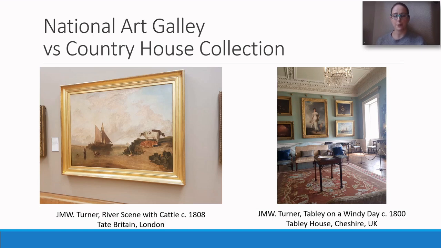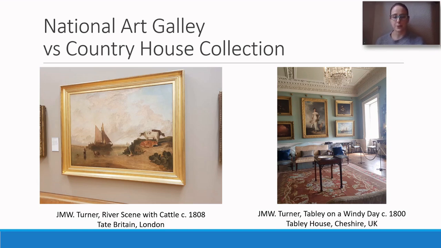So it's considered worth having and maintaining for the nation on their behalf. The one on the right is at a big country estate in Cheshire, and they have it because Turner stayed there and painted it for the owner. So it has a direct link to the property, it's of the property, and it's stayed in the family right up until the collection was bought out.